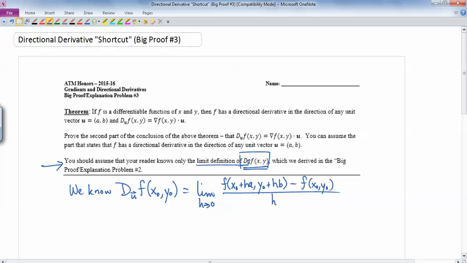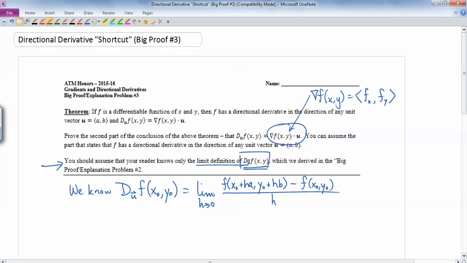And then the goal is to come up with, now that this is unwieldy for actually calculating directional derivatives, something much simpler that looks like this. The upside down triangle is called the gradient of f, evaluated at some general point x, y. This is a vector that is defined as f sub x, comma, f sub y.